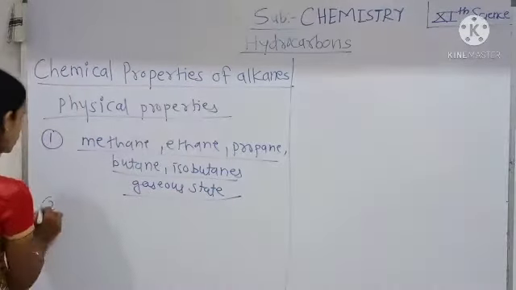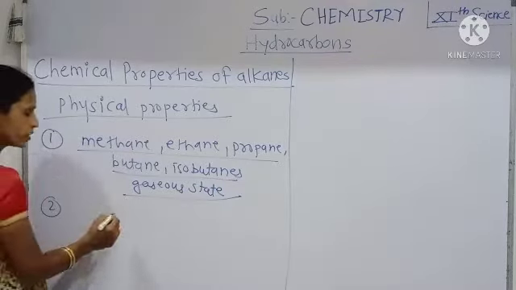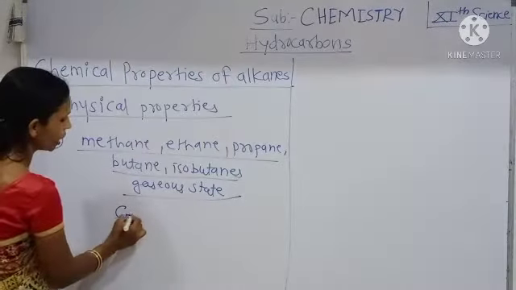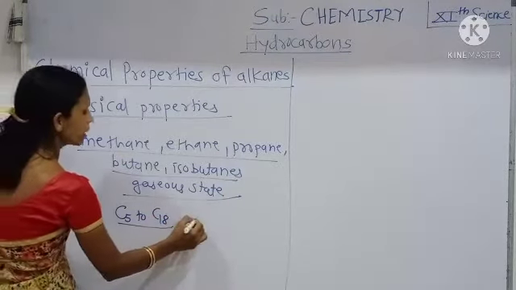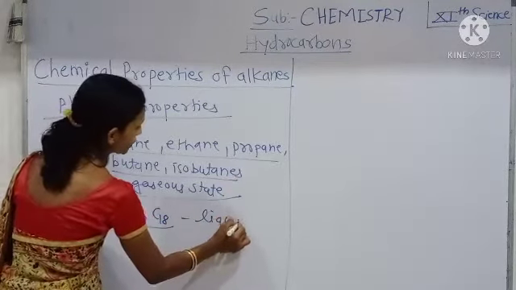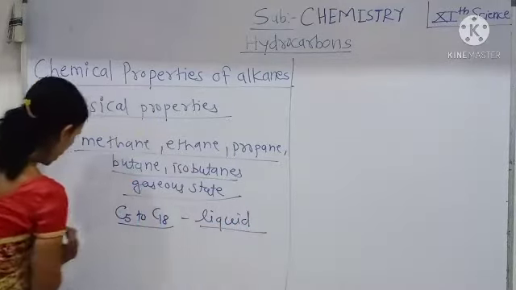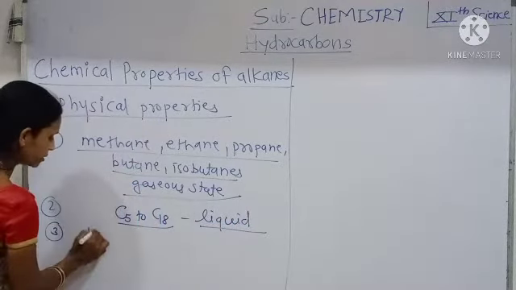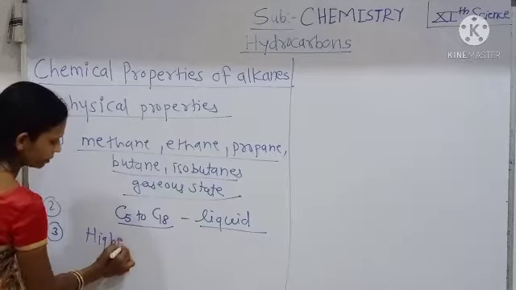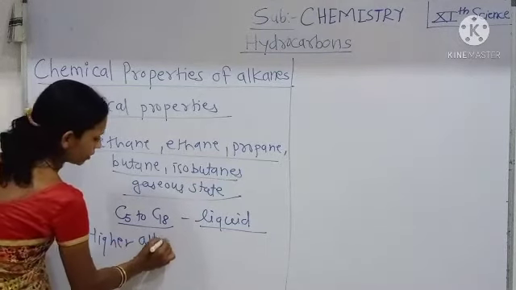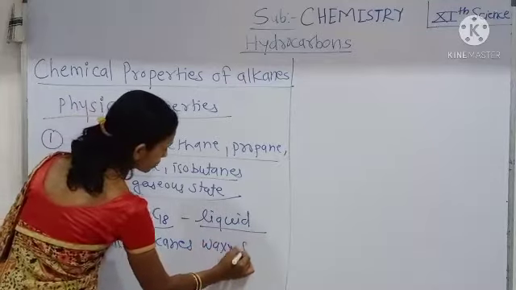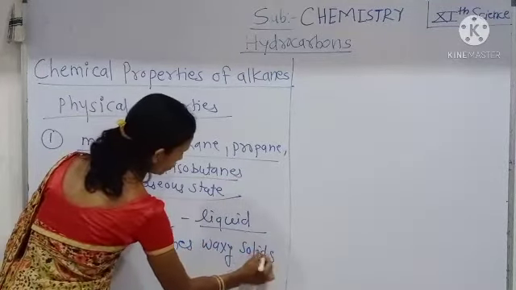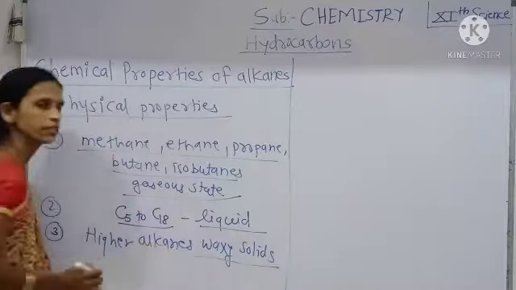Then the moderate alkanes, which contain carbon atoms 5 to 18, are liquid in nature, and higher alkanes are waxy solids.